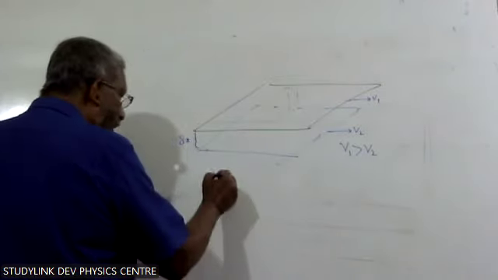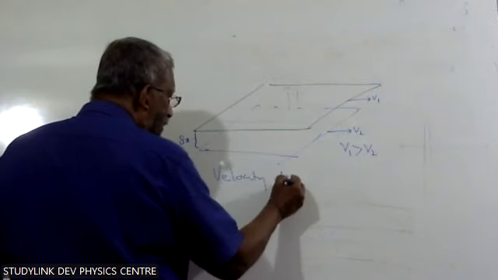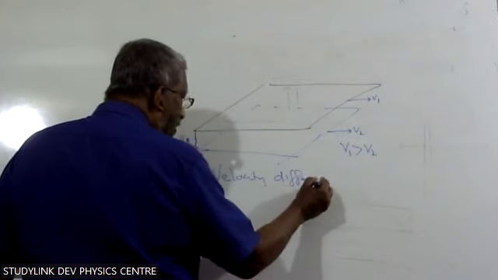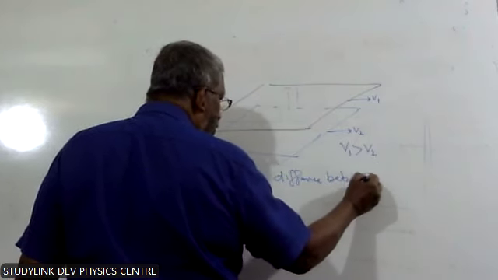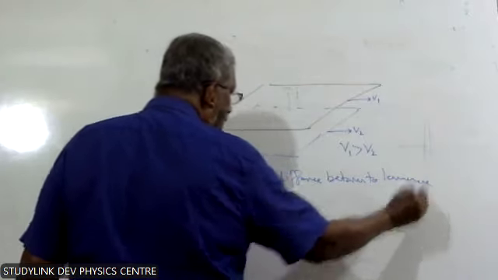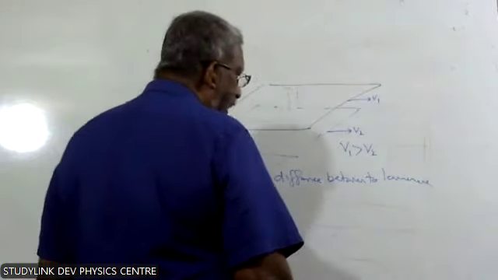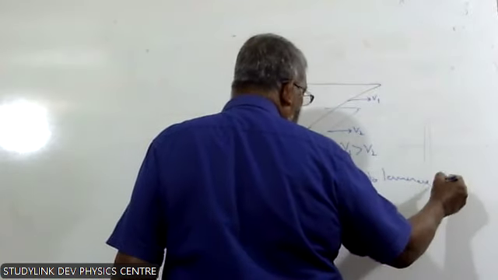Then we define the velocity difference between two laminae. That is equal to delta V actually.